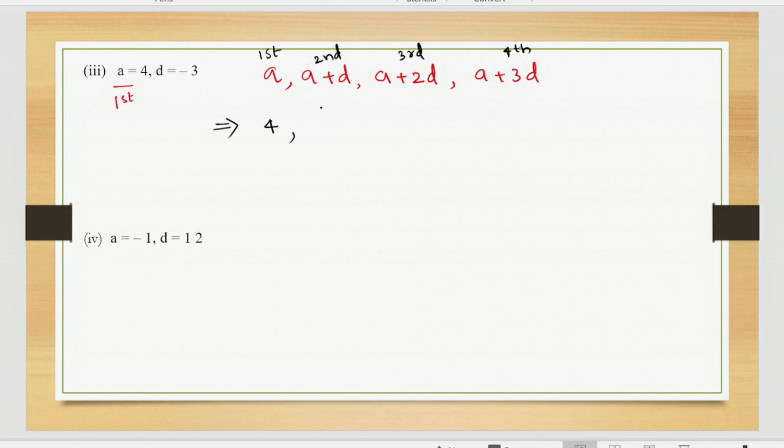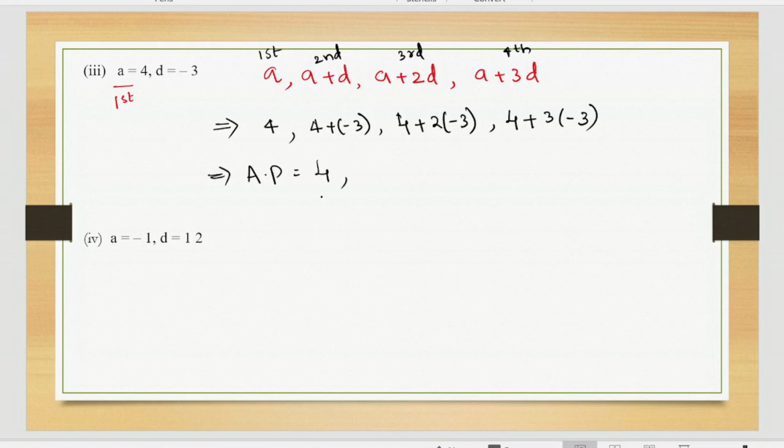In the second term we have A plus D, that is 4 plus minus 3. In the third term we have 4 plus 2 into minus 3. And in the fourth term A is 4 plus 3 into minus 3. So the final 4 terms of the AP are 4.